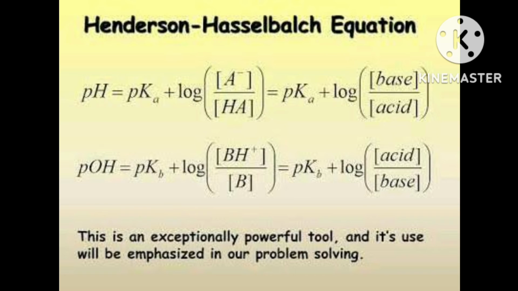Then this pKa plus pKb, that is equal to pKw. This value, if we put in the pOH equation, pOH is equal to pKw plus log of the molar concentration of conjugate acid divided by base. There if you put it, then you will get a new relation.